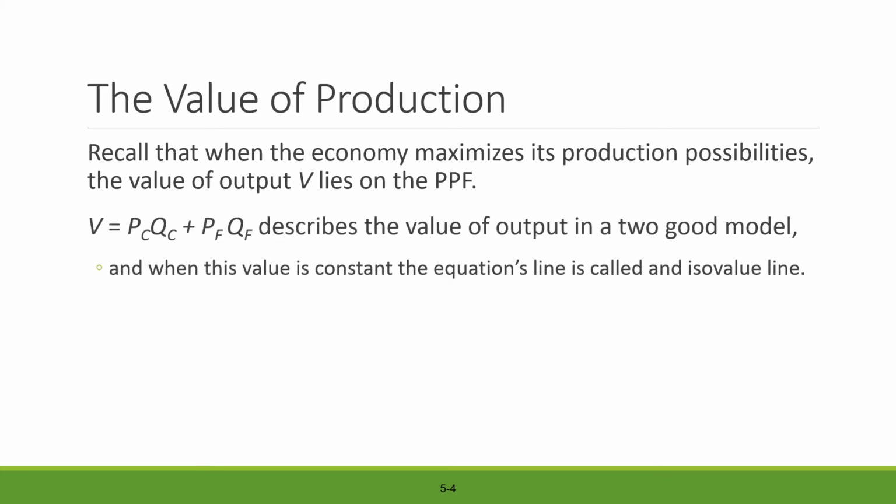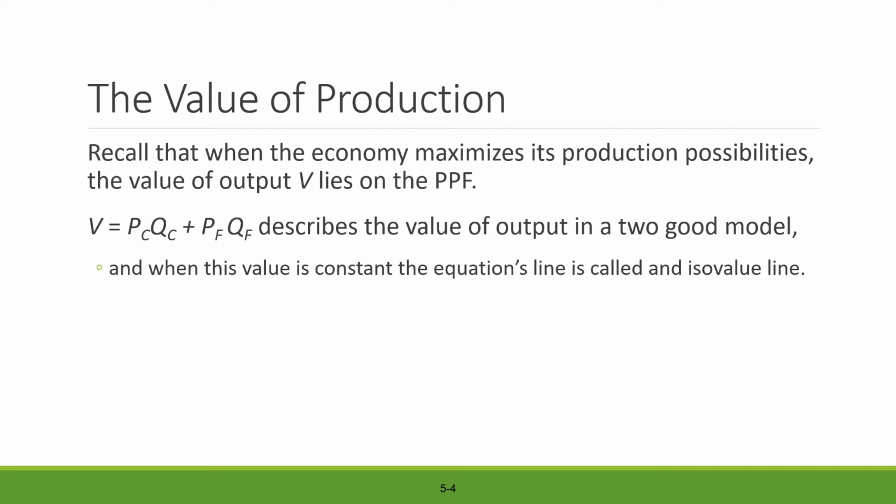And to determine the value, we need the prices of both goods. So if we are producing cloth and food, we can produce combinations of both, but not all those combinations give us the maximum value. Only a single combination out of the entire production possibility frontier will give us the maximum value.